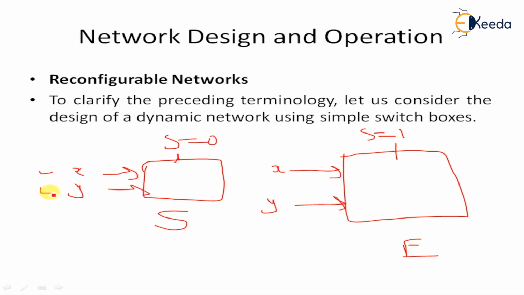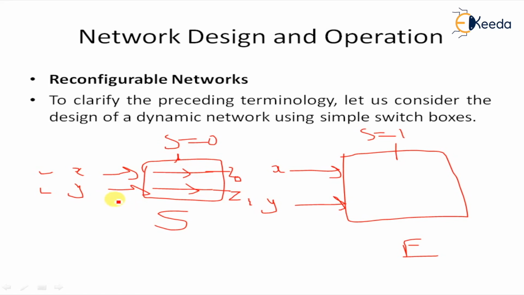So in the simple switch, the two important inputs X and Y have two outputs Z0 and Z1. A control line, known as S, determines whether the input lines should be connected to output. So one connection is available. In this straight state, for this example, S is equal to 0.